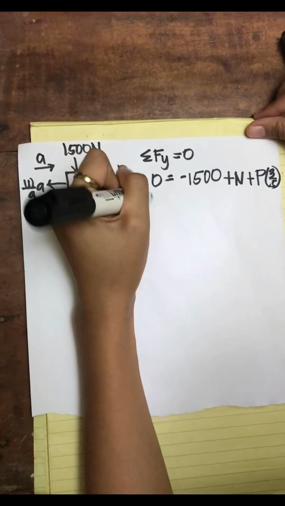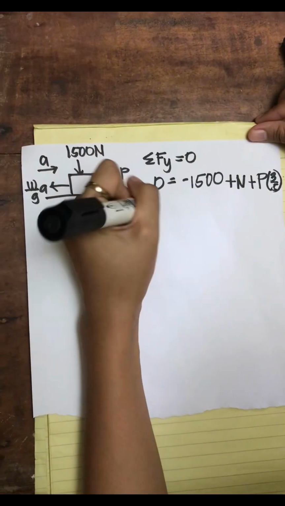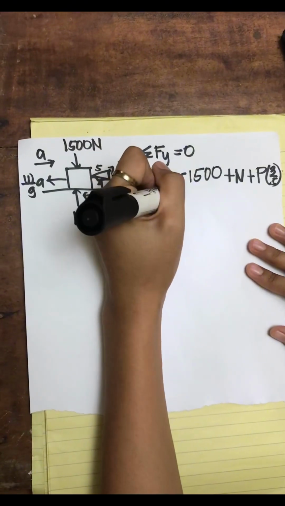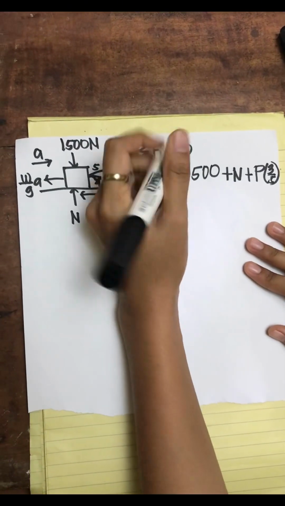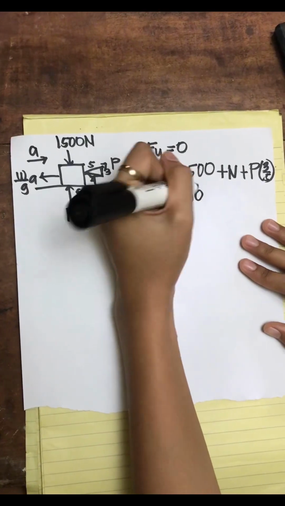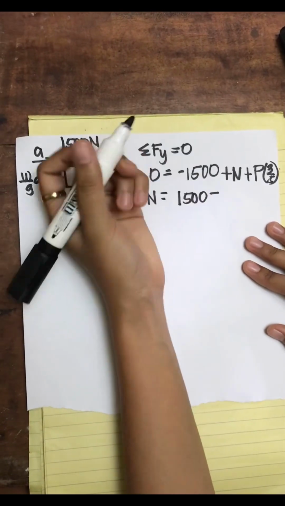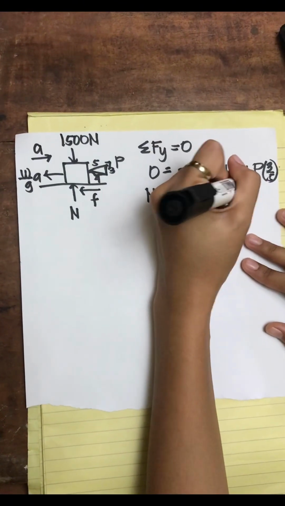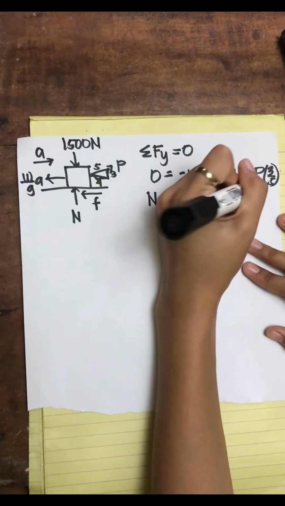So the normal force is equal to 1,500 minus force P times the component of 3 over 5.